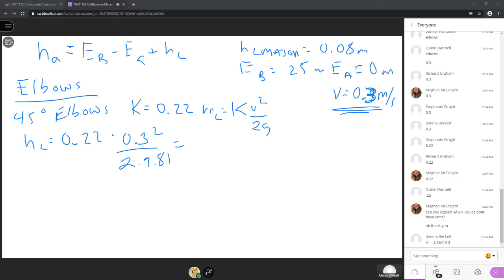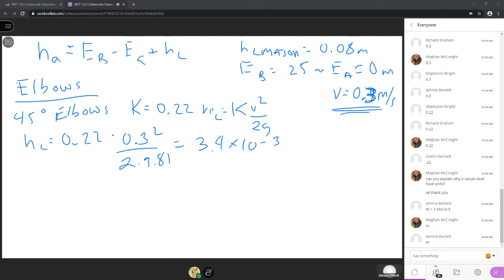Gemma's throwing out 3.4 times 10 to the minus 3. And what are your units? Right, always meters for head losses and head added.